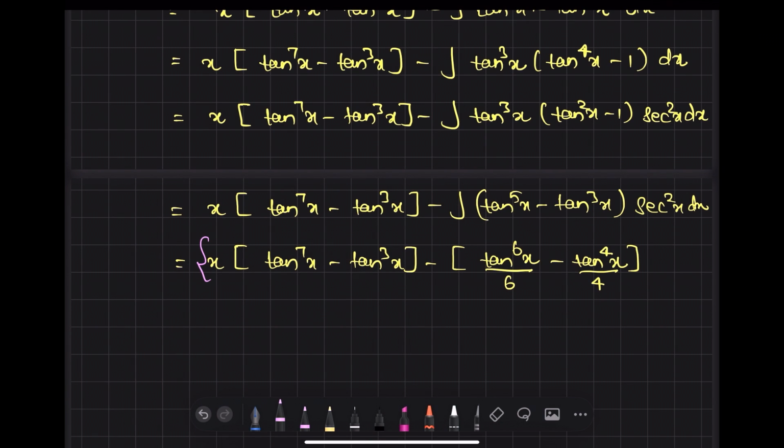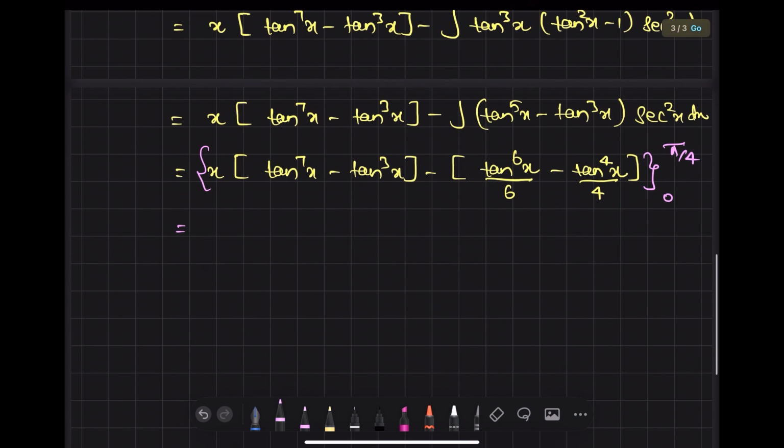Now we have to apply the limit 0 to pi by 4. Let's simplify things. If you apply the upper limit, this thing will become 1, this thing will become 1. 1 minus 1 is 0. Means the first component is 100% 0. Now if you put the upper limit, this thing will become minus of 1 by 6 plus of 1 by 4.